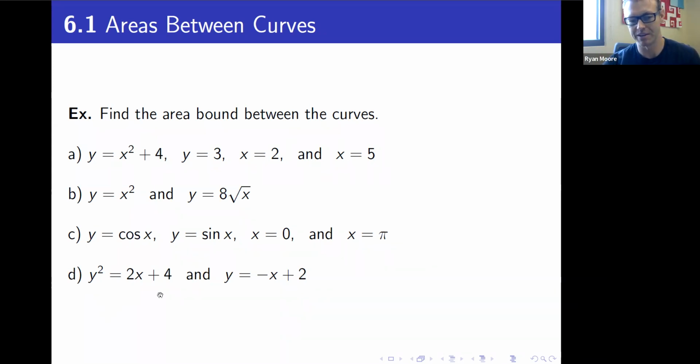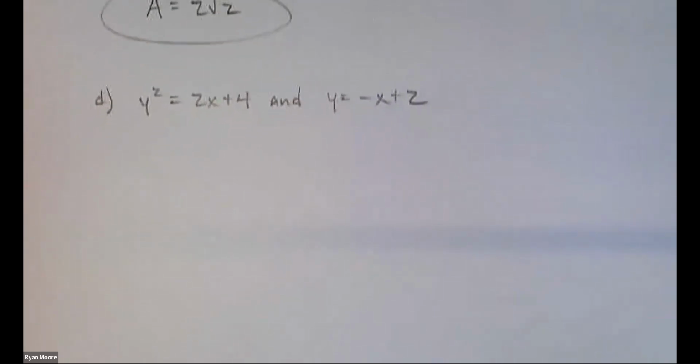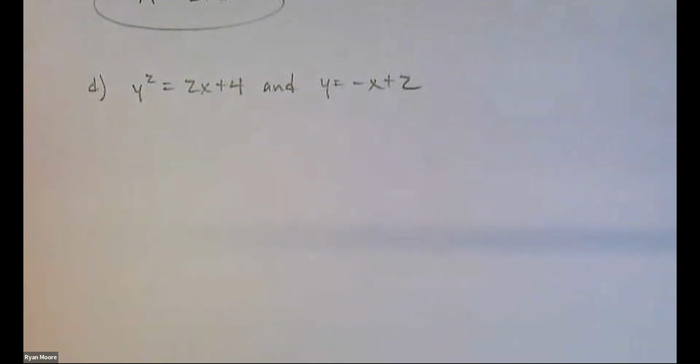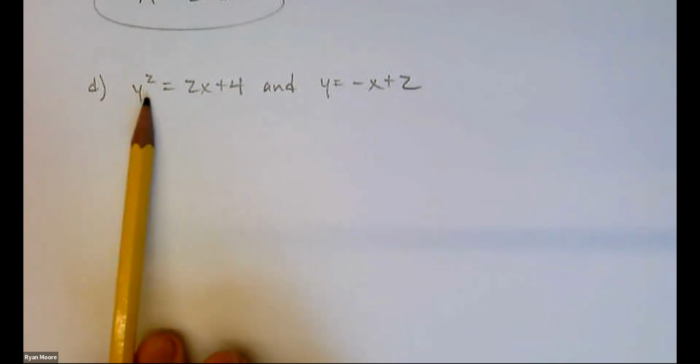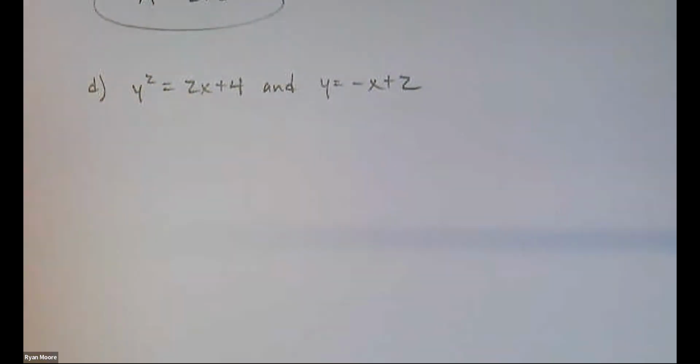Part D, what's going on here? Let's take a look. Area between these, y squared equals 2x plus 4, and y equals negative x plus 2. Notice this is not a function. Interesting.